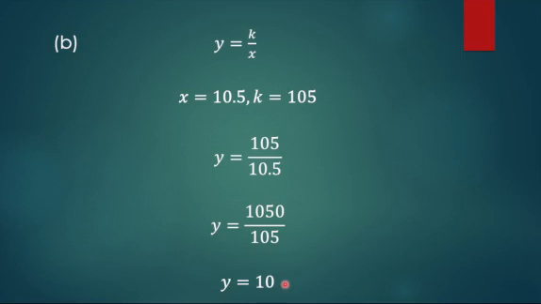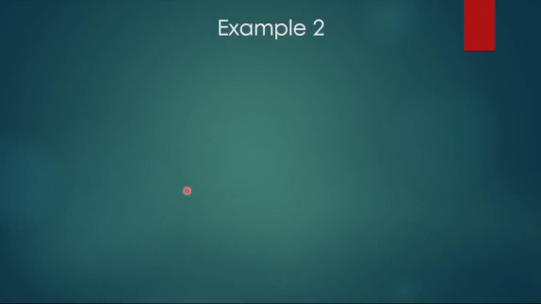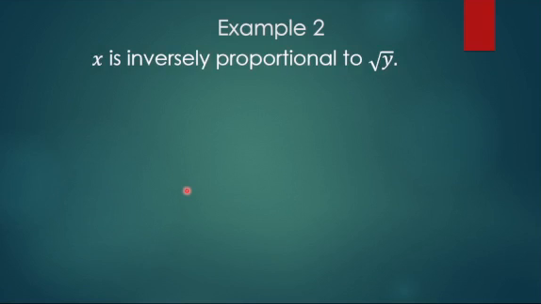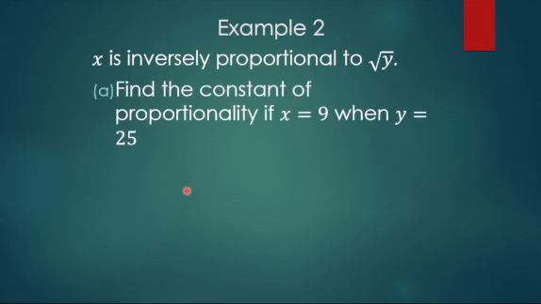Example 2. Let's see the question. Okay, just wait for it to come. All right, the question is here. X is inversely proportional to root y. A, find the constant of proportionality if x is 9 when y is 25.